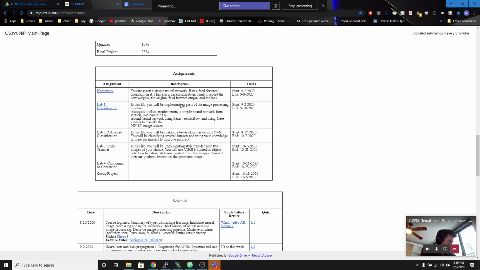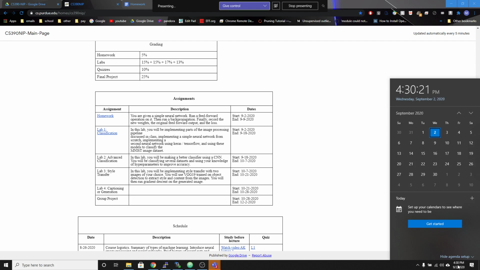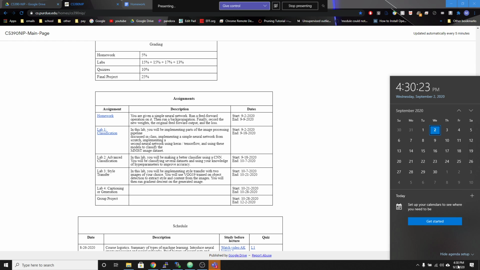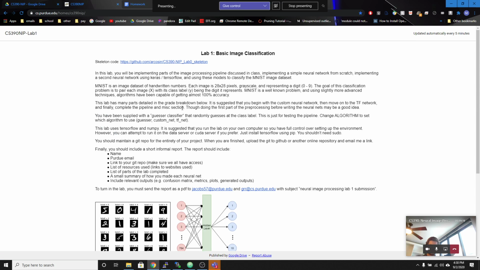I think I set it to be due 9/9, so next week. Lab 1 classification, that one is going to be due in about 2 weeks, a little over 2 weeks. I might extend that, but probably going to keep it as it is for the moment. Lab 1 is a little more complicated. The best way to know about that is to just read the handout here.